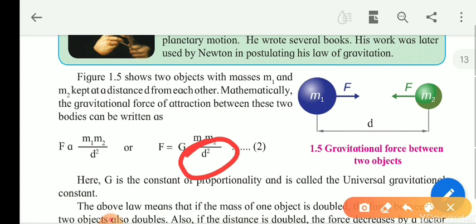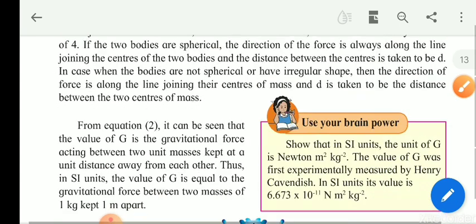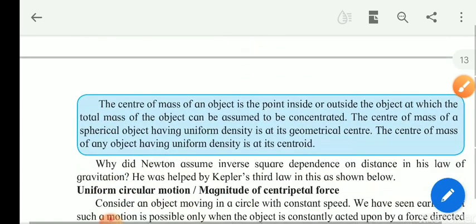If d decreases, then F will increase, meaning if two objects are closer to each other, then they will attract with a higher force.